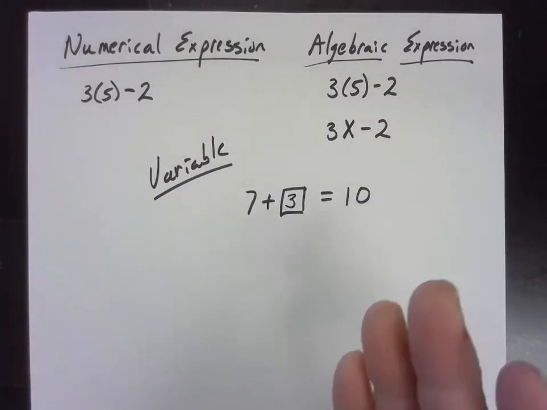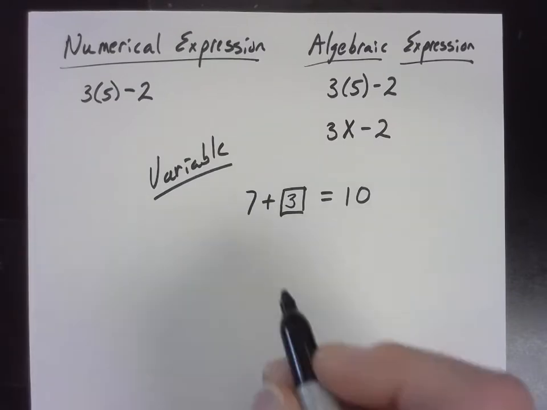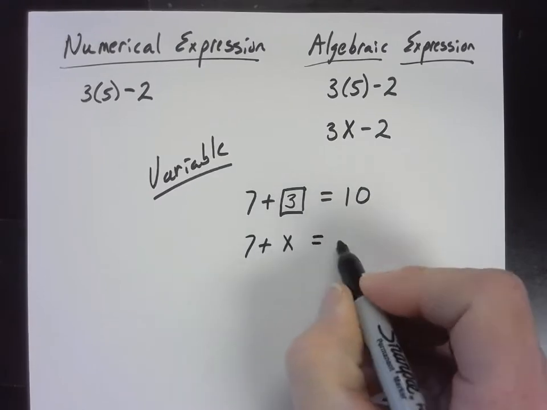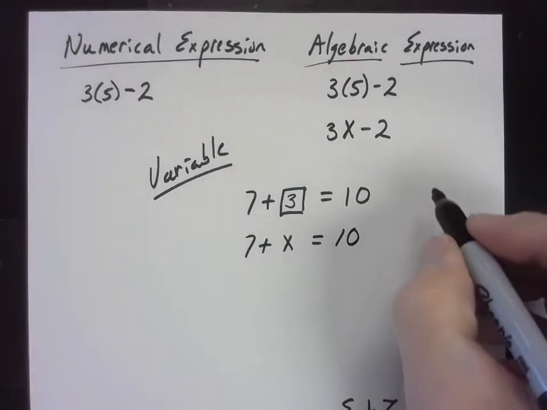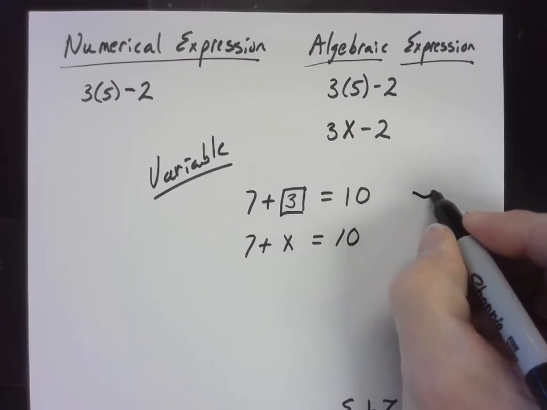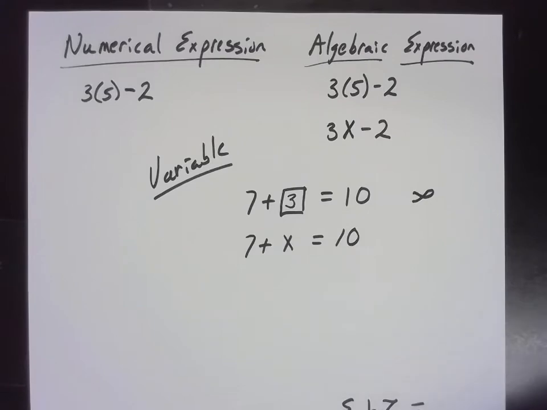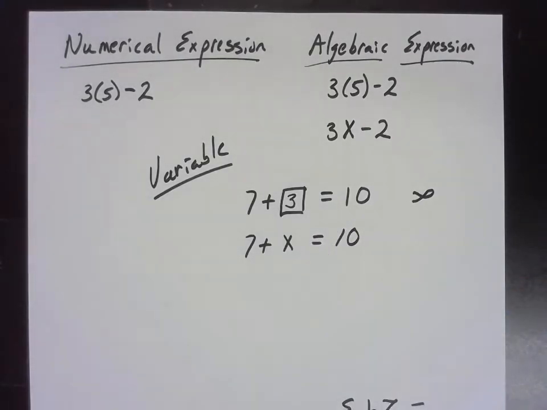Well, an empty box is kind of hard to draw. So we don't draw an empty box. We use a variable, like some kind of letter. Sometimes we use Greek letters. We'll use a little fish symbol or something like that. It doesn't really matter. We could use an empty box or blank space or whatever we wanted.